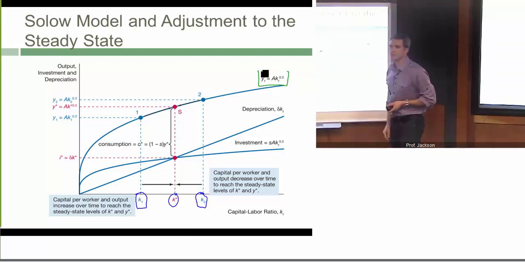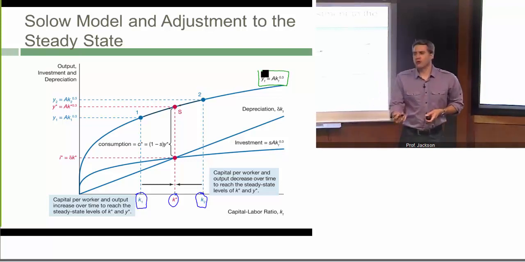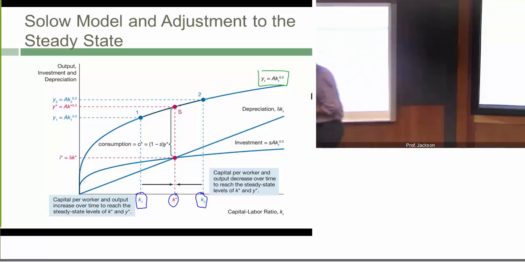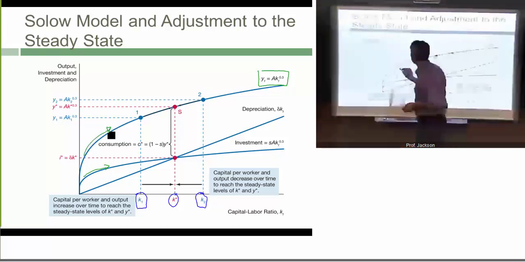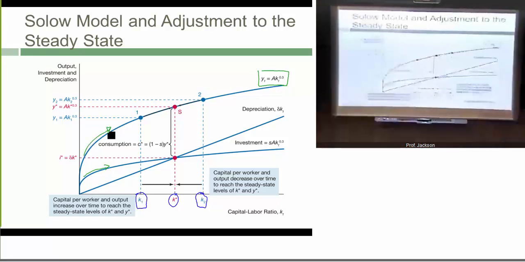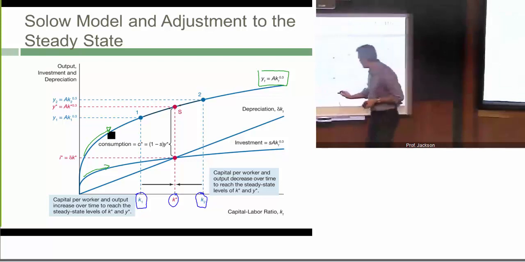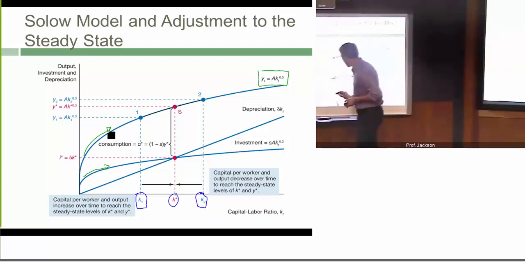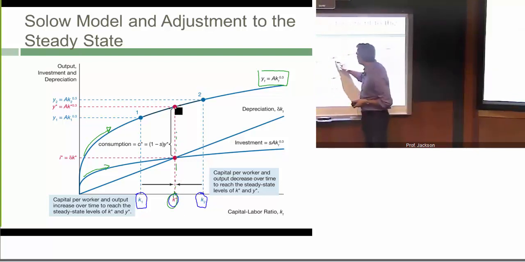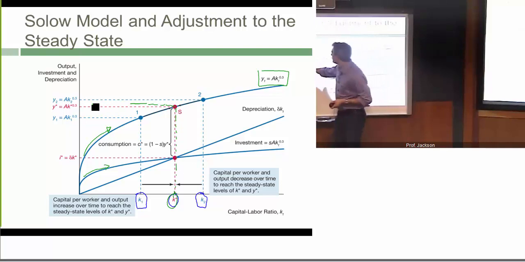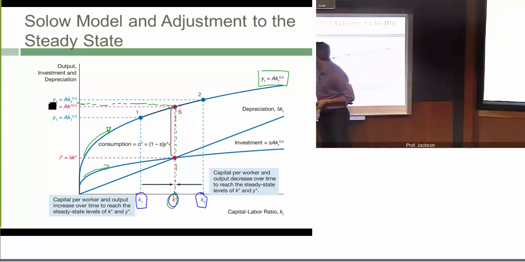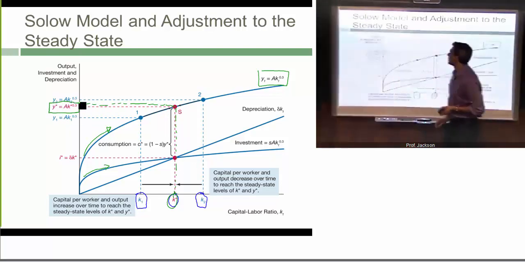Okay. Now, you can see that we've added in this diagram here our production function. So as the capital stock rises, you can see that investment is going to go up over time, and of course, output is also going to rise over time as well. And so if we figure out what the steady state level of output is at the steady state level of capital, we just read right off of our production function, and that gives us our level of output.